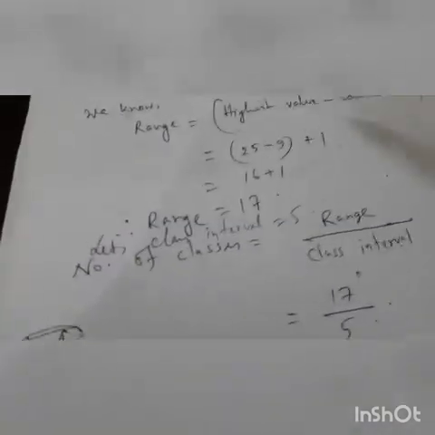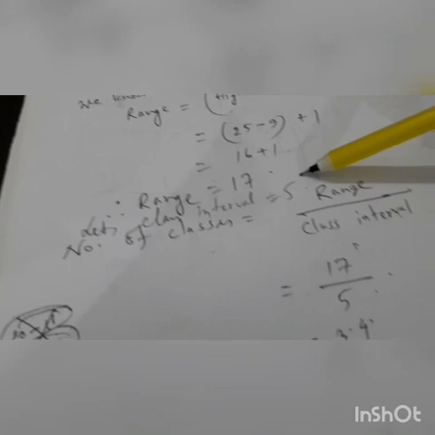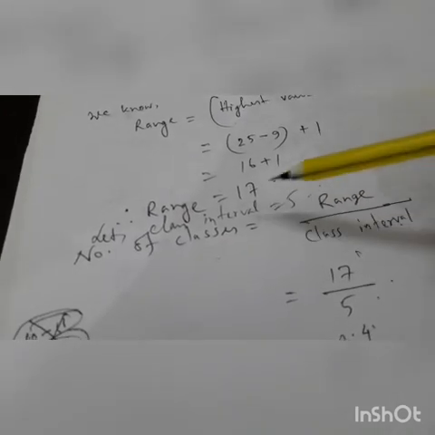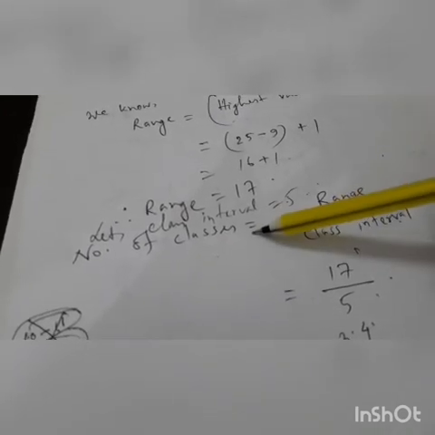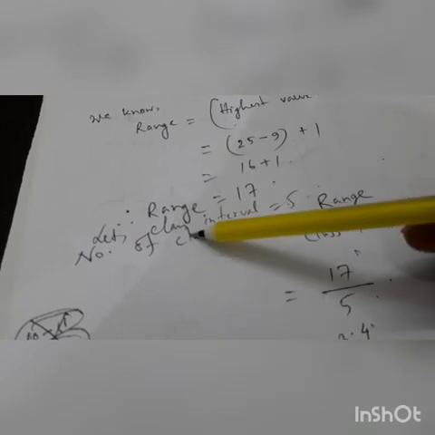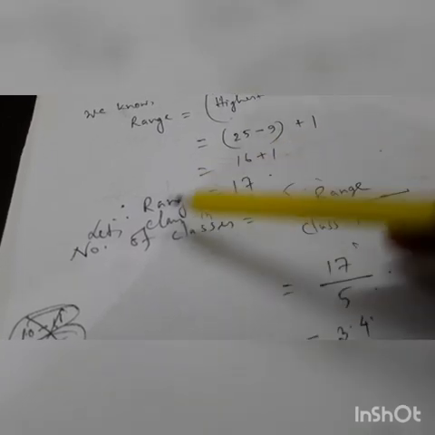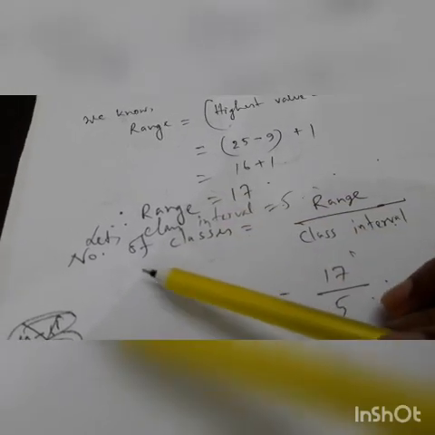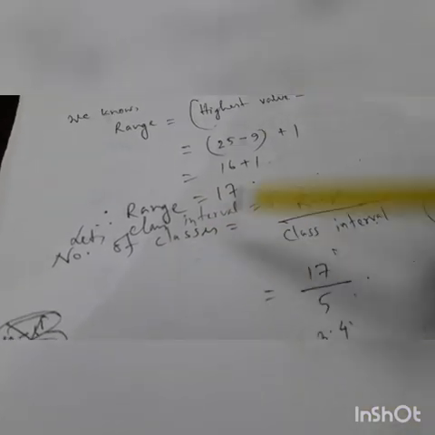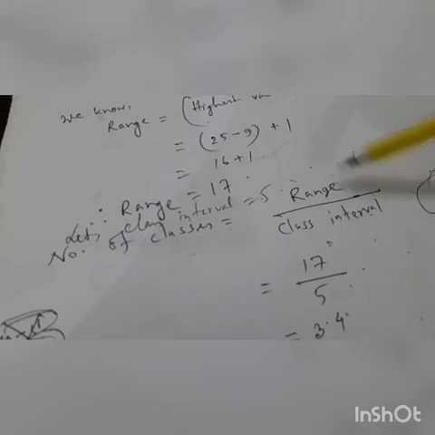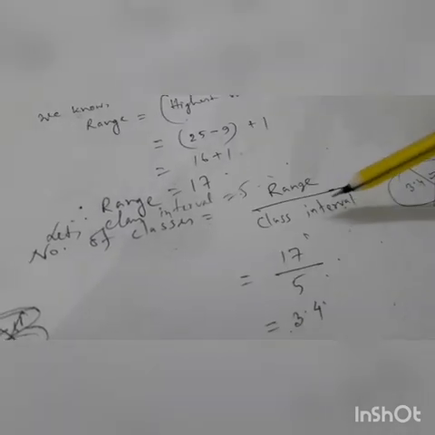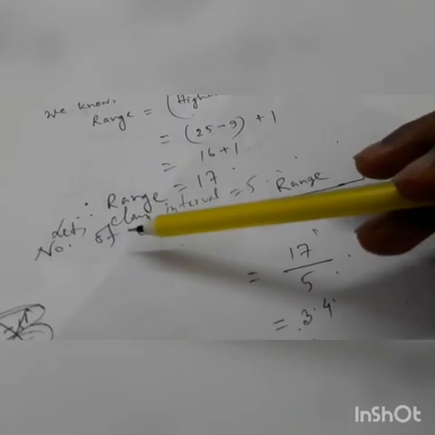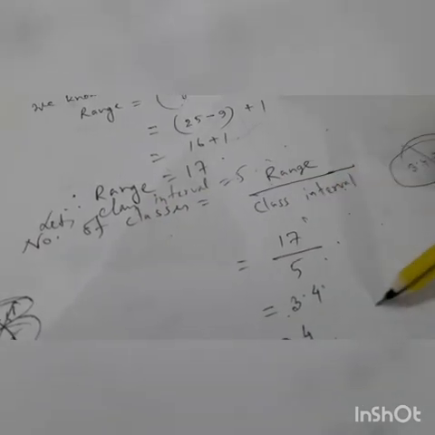Sometimes the class interval is mentioned. Since here the class interval is not mentioned, we may freely consider the class interval to be 5. So let the class interval be 5. Now the formula to determine the number of classes is range divided by class interval. The range is 17 and the class interval is 5.